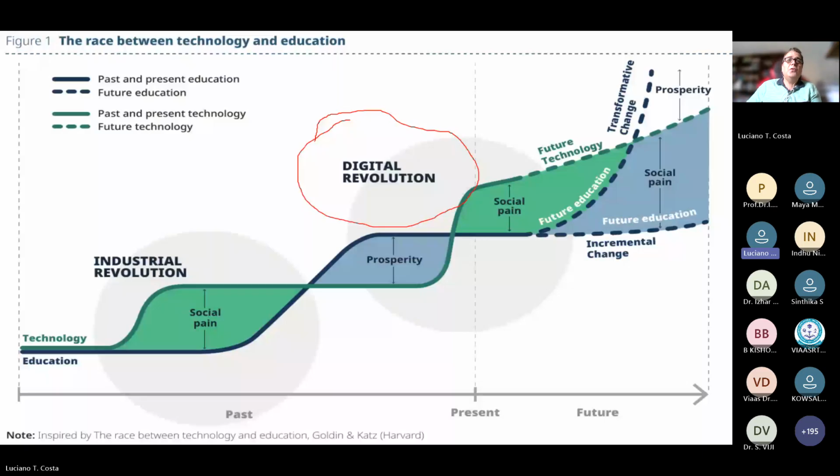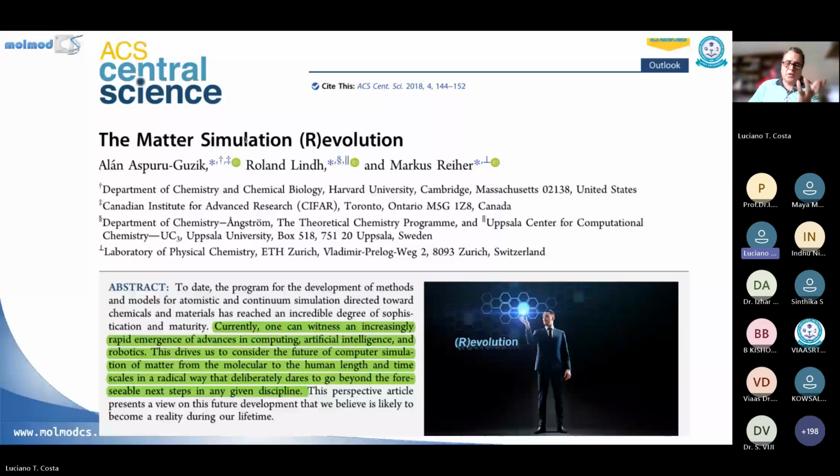Of course, we have many other examples to share. But exactly in the present, we are living a kind of digital revolution, and for that, materials simulation is today a revolution.